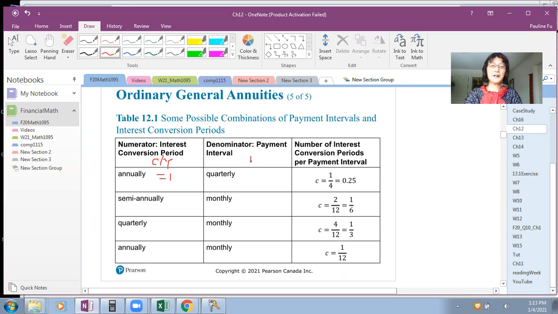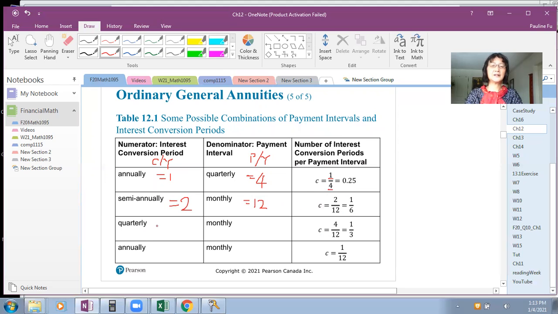If payment is made quarterly, PY equals 4. So C equals 1 over 4, 0.25. If interest is compounded semi-annually, CY equals 2. If payment is made monthly, PY equals 12. So C equals 2 over 12, 1 over 6.